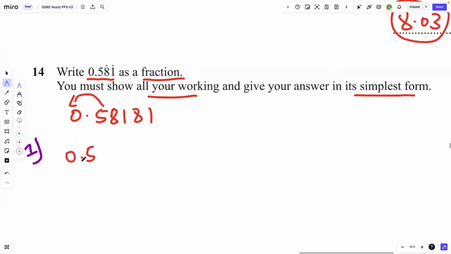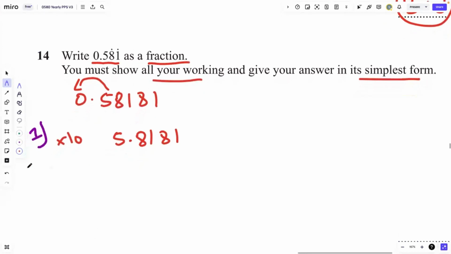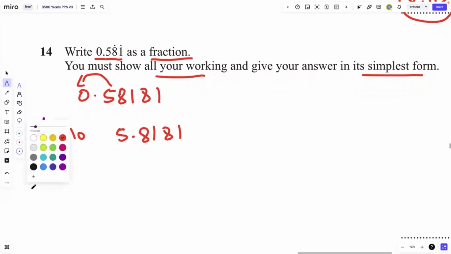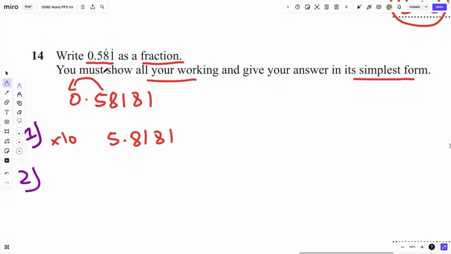And when you multiply by 10, you move the decimal place one place forward, so it's going to look like this. For the second step, what we need to do is that the two recurring numbers need to be before the decimal place on the left.